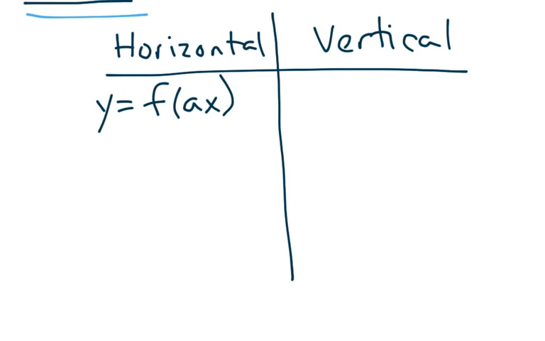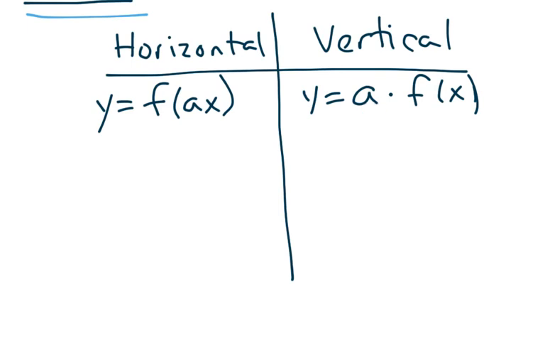Remember, in the reflection and the translation, everything that was horizontal was directly to x. With stretches or shrinks, it is no different. Everything is going to be directly to x. With vertical, y equals a times f of x. Remember, with vertical transformations, whether it was a translation where we slide it or a reflection, it was on the outside of the function. And with vertical stretches and shrinks, it's no different.